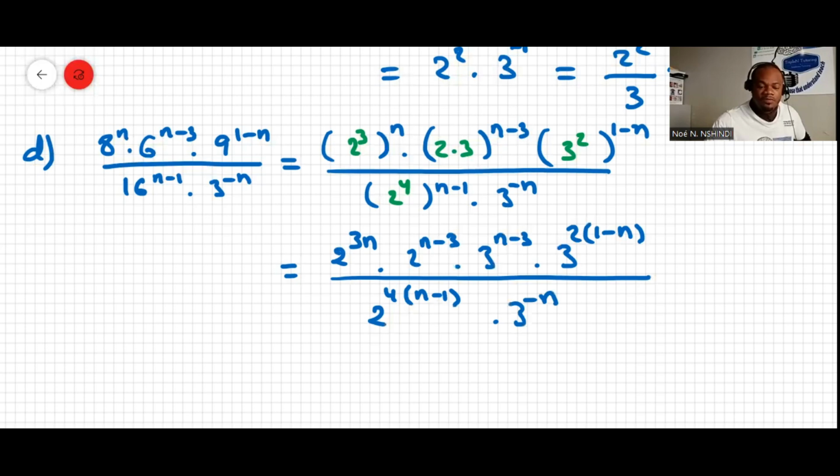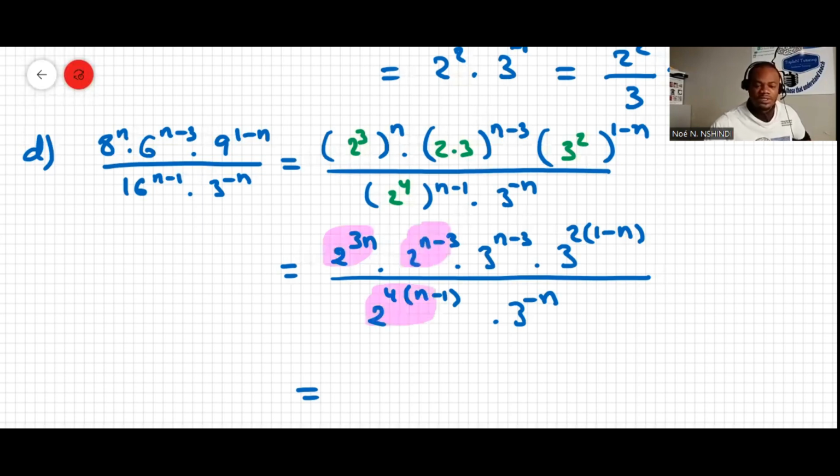Now that we have simplified, we can group the numbers by base. The ones that have base 2 are this one and that one.